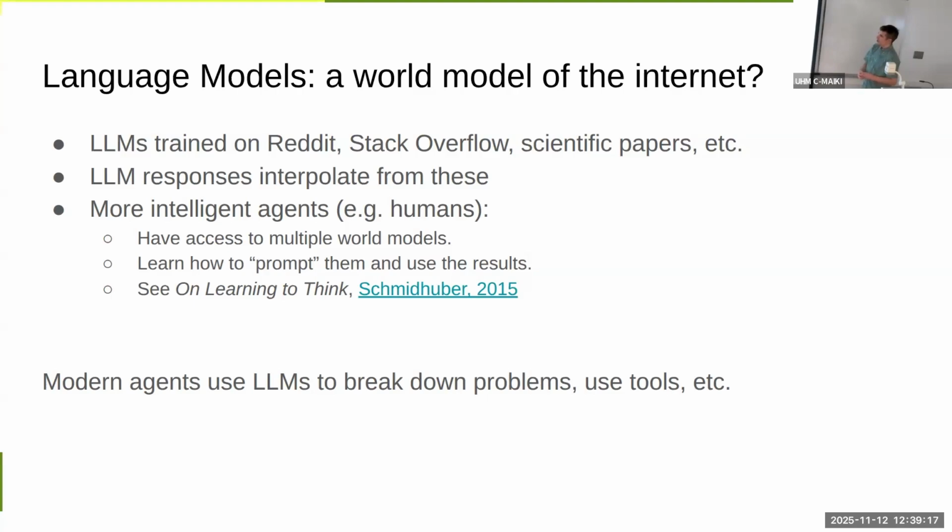Also Google search. It might be wrong. It's a crude approximation of how the internet actually works, but it's a very fast approximation that is quite useful in many situations.